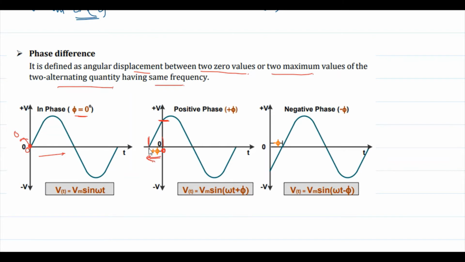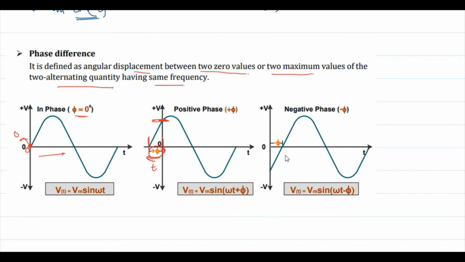It becomes 0 at a particular time before the reference point, and at the reference point it has a maximum value. So that difference in angular displacement is called the phase. Here this plus phi is called the phase difference. It's a positive phase, right?